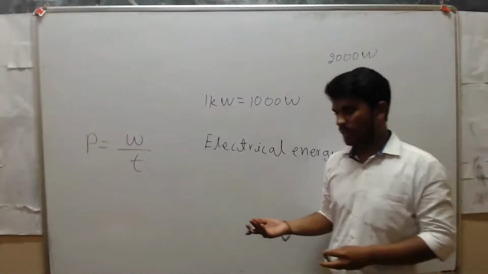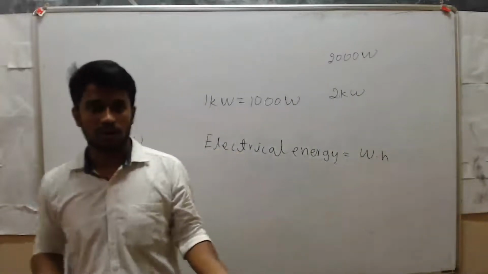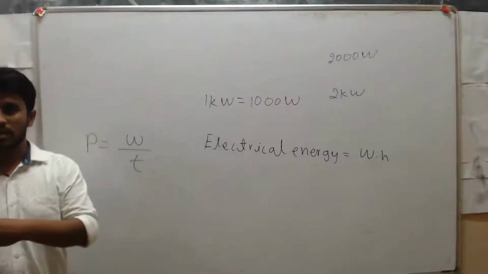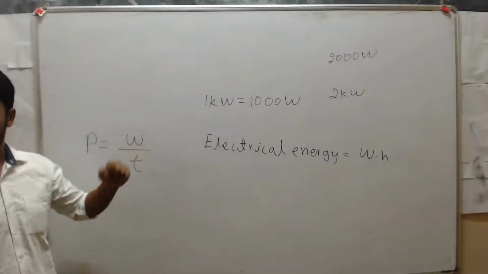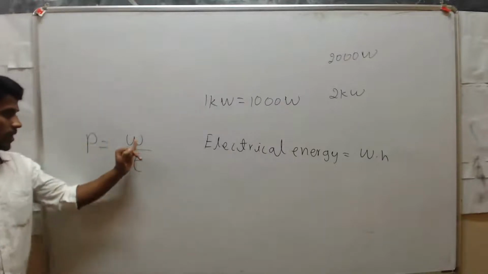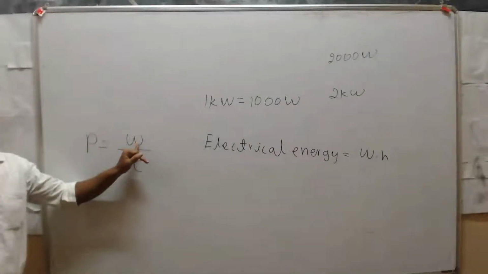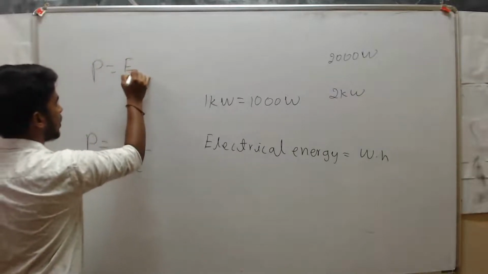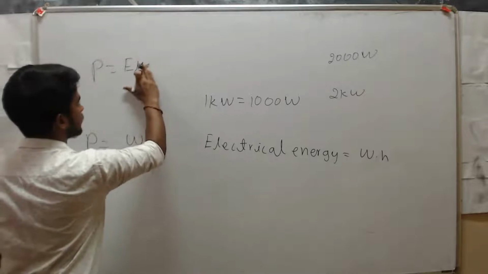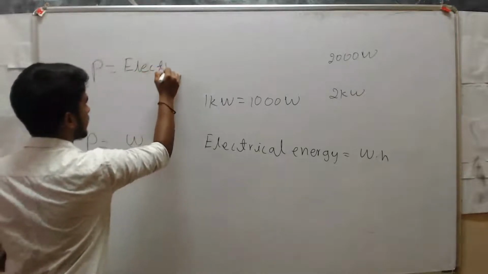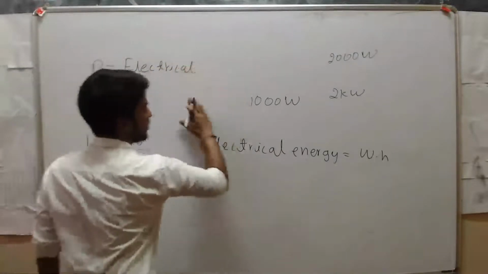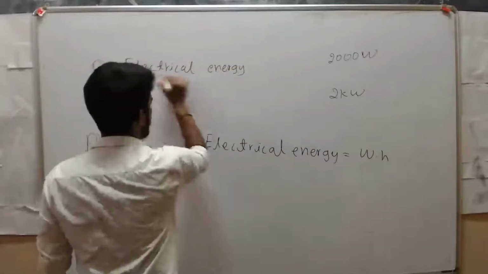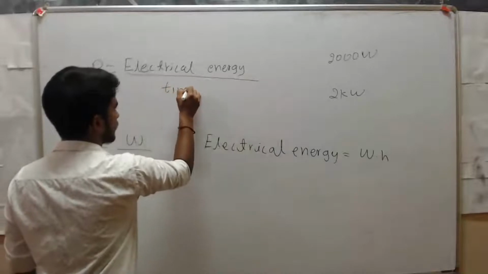Energy is converted to work. You are using energy just to do work, right? So the entire energy is expressed in terms of work done. That's why power equals work done divided by time, and here work done means electrical energy. We can write this formula as P equals electrical energy divided by time.